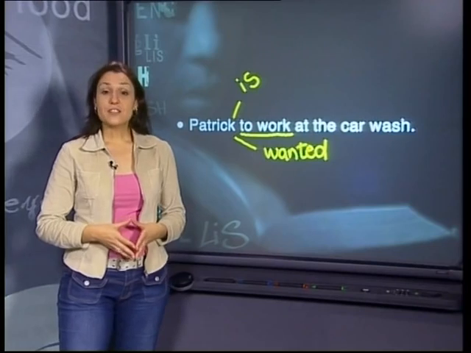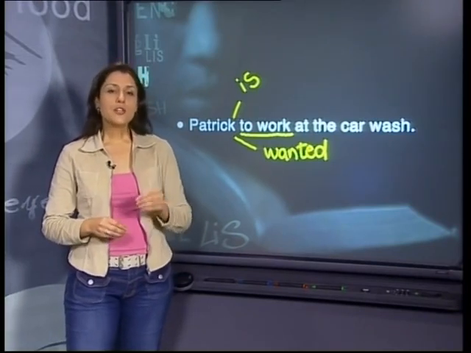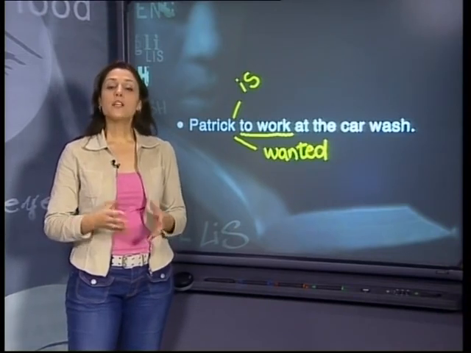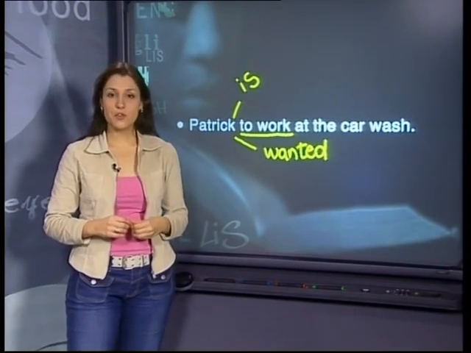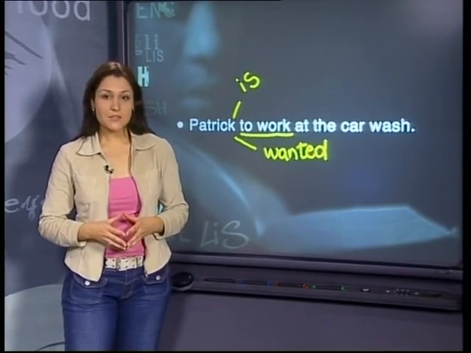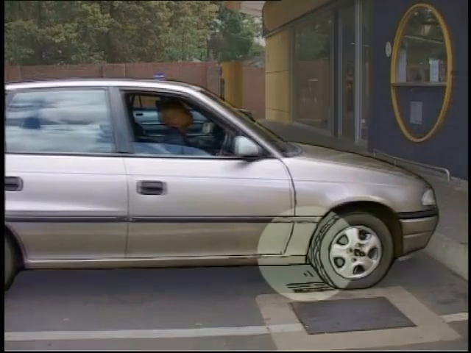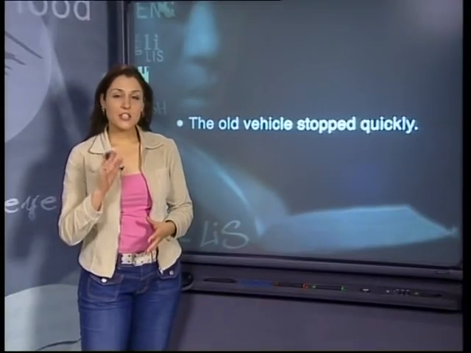Now that we've discussed the differences between finite and non-finite verbs, I'm sure you'll find it easier to identify them in a sentence. But what about the word that gives more information about the verb, the adverb? Would you be able to pick it out of a sentence? Why don't you try? The old vehicle stopped quickly. From what we have learned today, can you identify the finite verb?